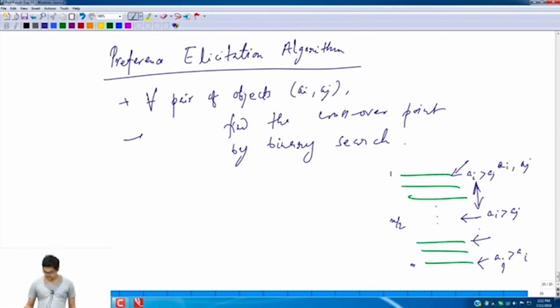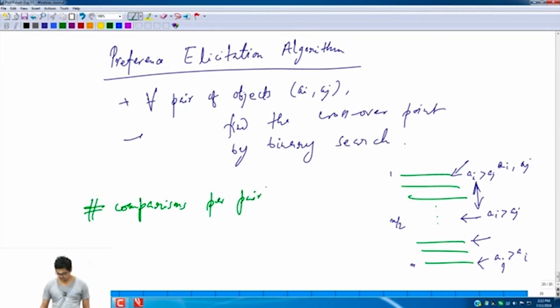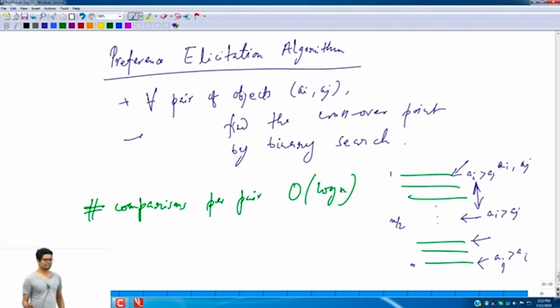So for every pair, the number of comparisons per pair is big O of log n. Clear?